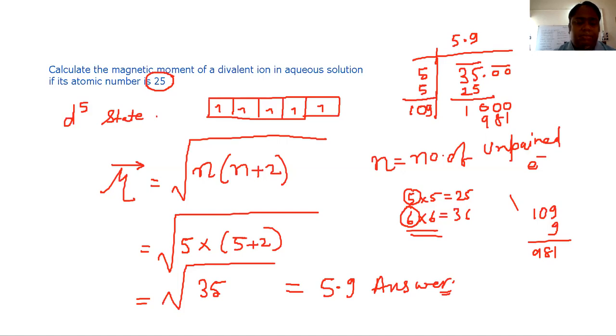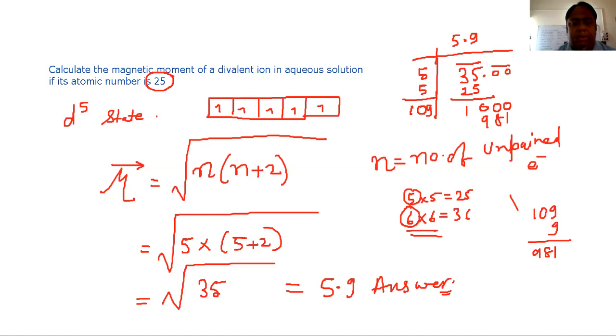Next is: for the first transition metals, the reduction potential values are given. Explain the irregularities in the above values.